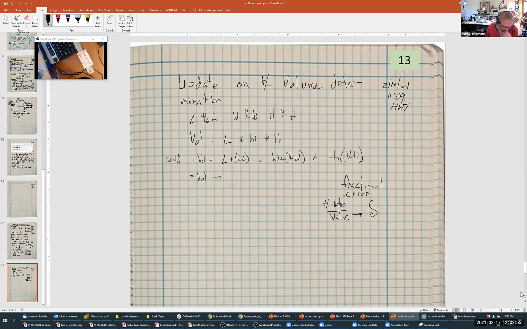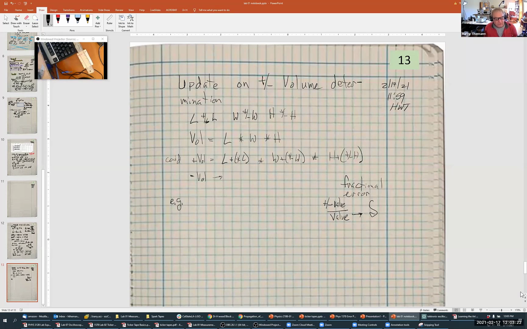But let me think about this for a minute. Why don't we use the fractional error for plus minuses? I have to think on that one. I know why we use it for the multiplication process.